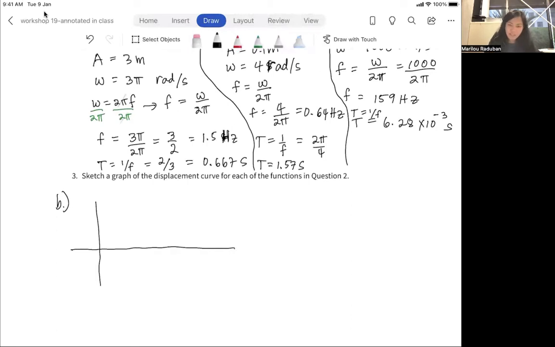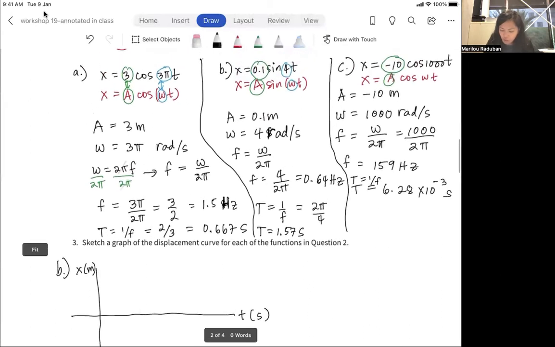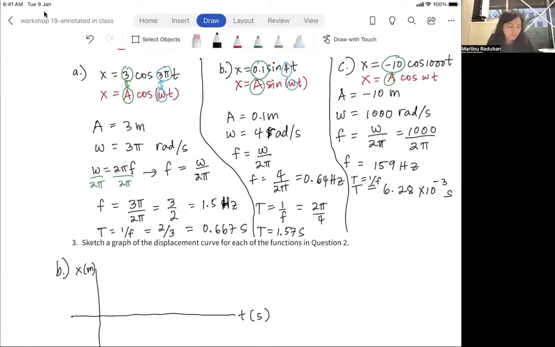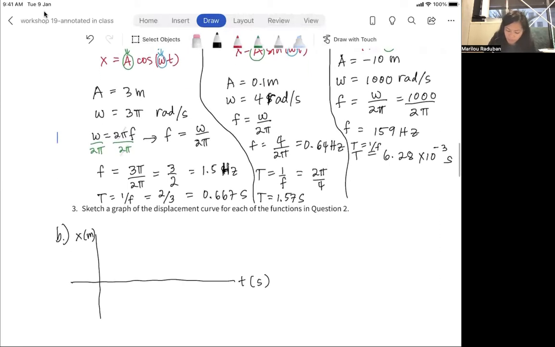Okay, so for your sinusoidal graph, the y-axis is always the displacement x in meters, and the x-axis is always time in seconds. And then you have a sine function, 0.1 sine 4t. So a sine function we know starts from equilibrium.